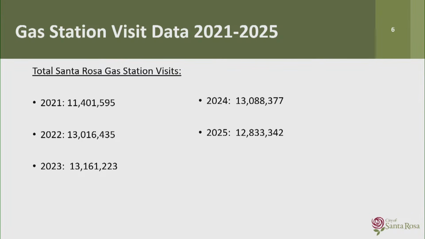I would hazard a guess that there were probably around 13 million trips in 2019. What I think is so interesting is that I would disagree that we haven't had a decrease. 12.8 million trips, off of 13.1 in 2023, is about 400,000 fewer trips a year.